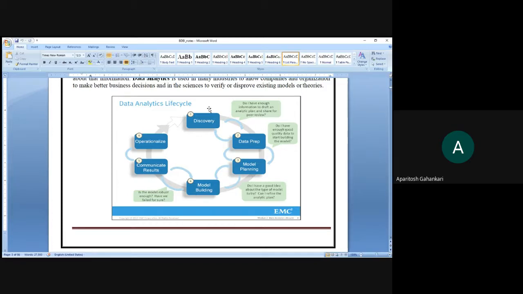By analyzing this data they came to know that in the months of, say, February, March and April, this Liril soap is getting sold at a higher rate. So that is why data preparation is required.